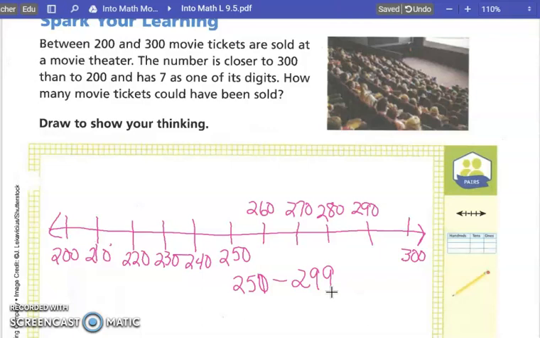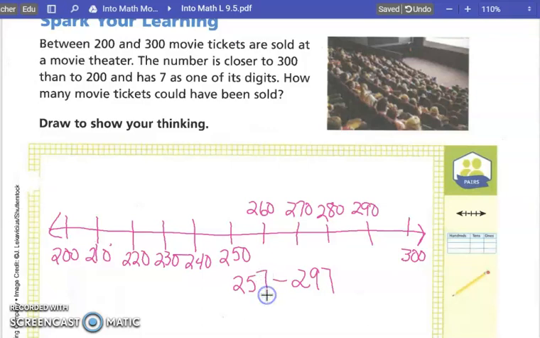Okay? You could choose any number between that. So that has the 7 in the ones place. It can't get any bigger than that, and this would at least have to be a 7.